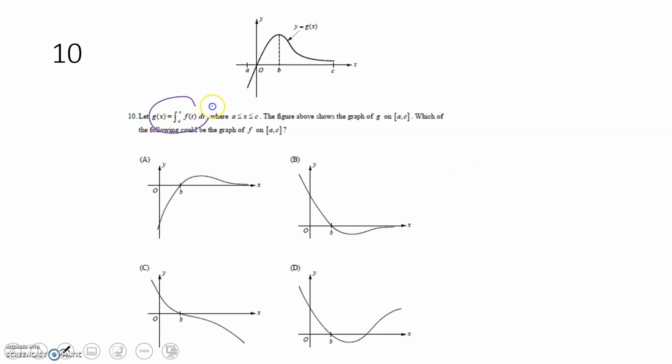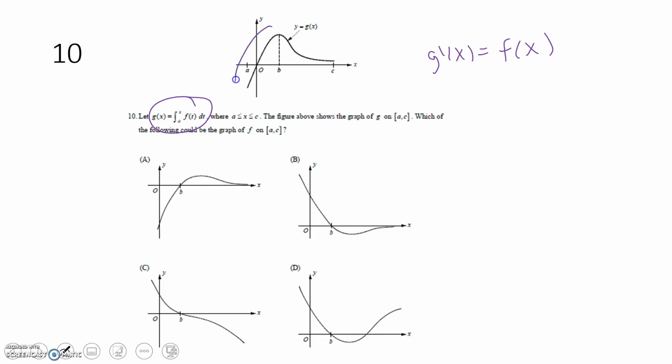So we recognize here that if g of x is the integral of f of t, then g prime of x is in fact f of x. So if we wanted to get the actual graph of f of x, we would need to consider the derivative of the graph shown. So if we take the derivative, what we're going to be doing is identifying the slopes.